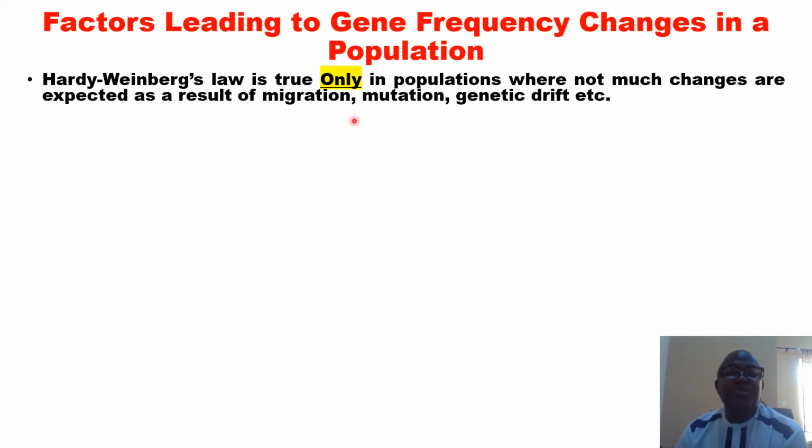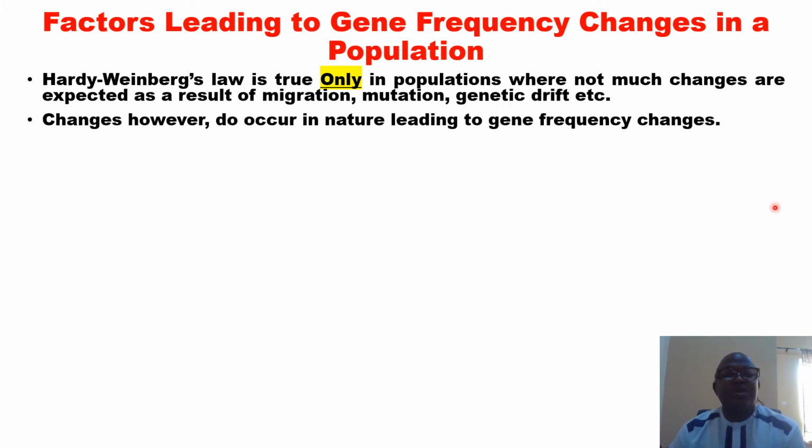There's no migration, no mutation, no selection, and no genetic drift. But in nature, changes do occur. People migrate, immigrate, emigrate, select, and mutation occurs naturally or artificially, and so changes occur.